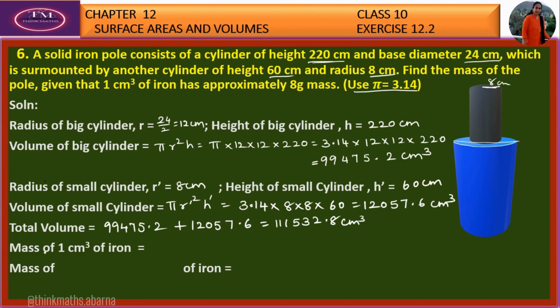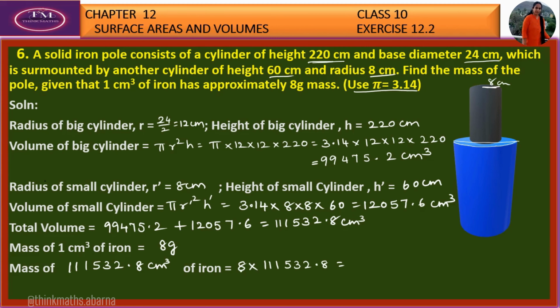Now what is given? Mass of 1 centimeter cube of iron is 8 gram. So the mass of 111,532.8 centimeter cube of iron is nothing but you have to multiply by 8. So 8 into 111,532.8.